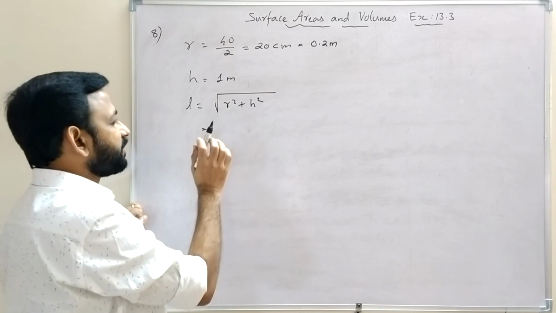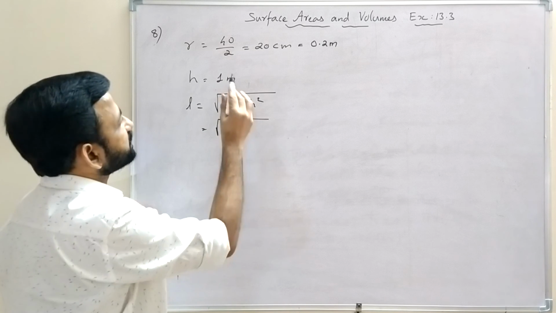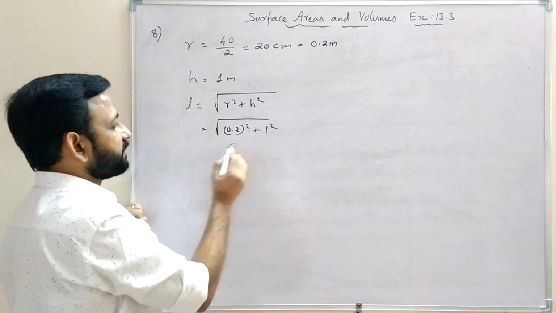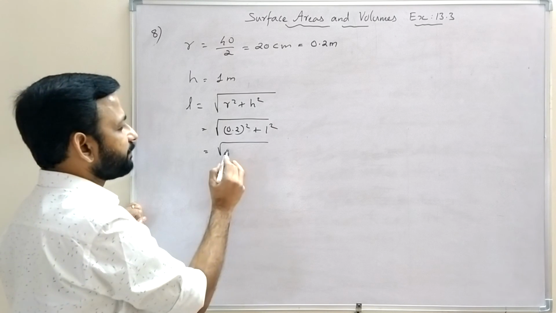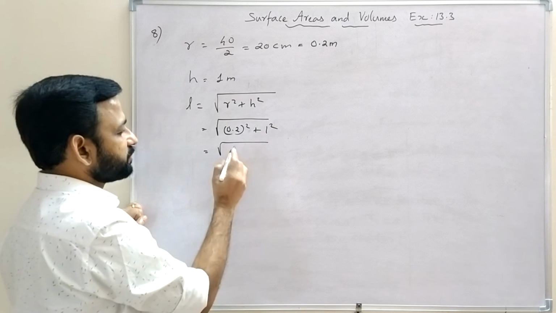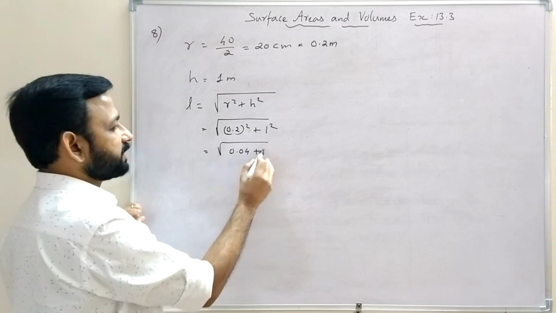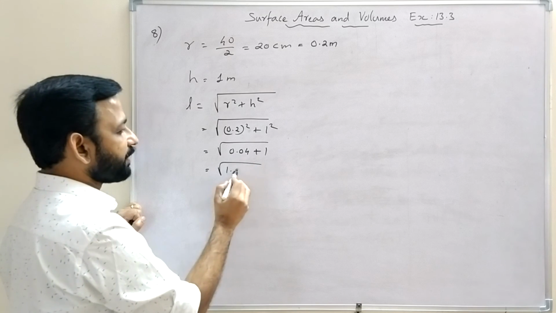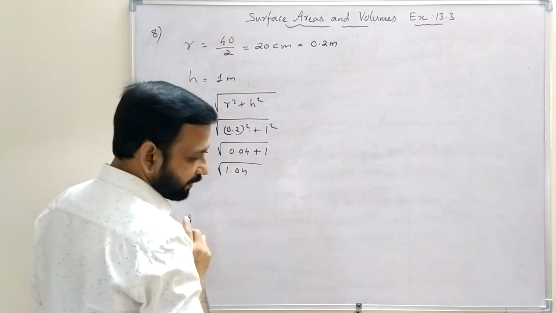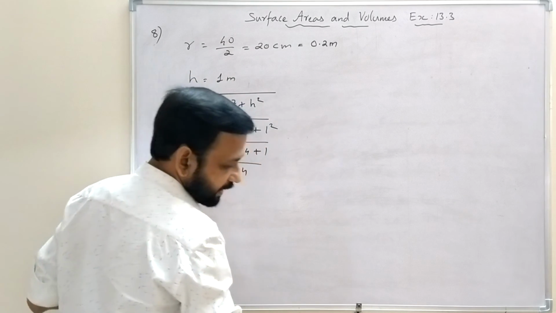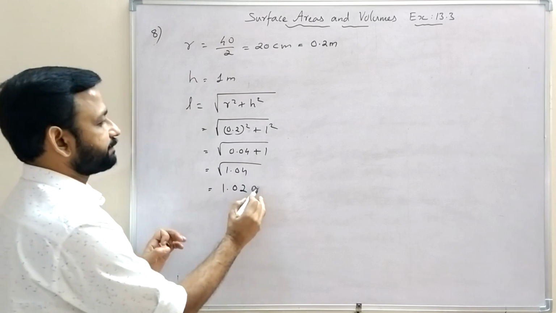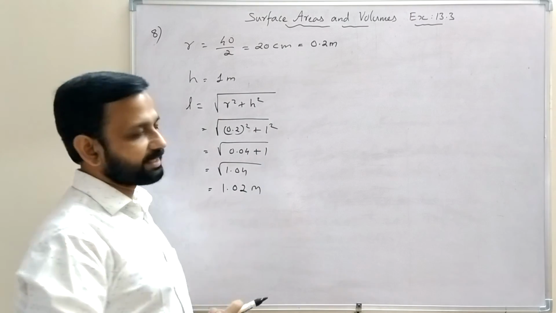Then square root of 0.2 square plus 1 square. 0.2 square is 0.04 plus 1, that is square root of 1.04, which is given in bracket as 1.02. So now we got the slant height in meter.